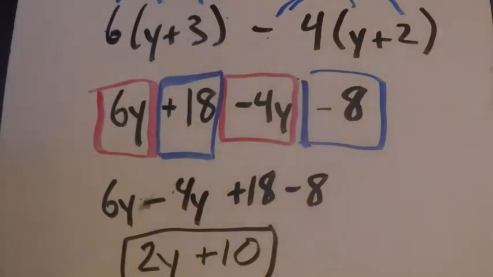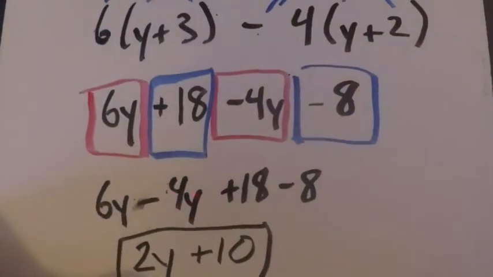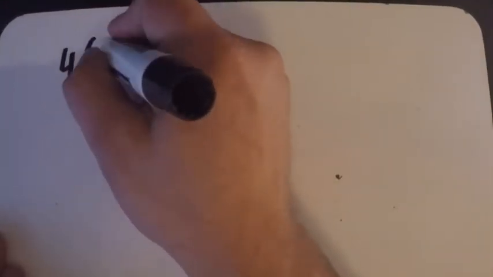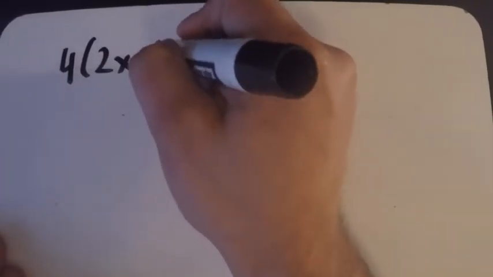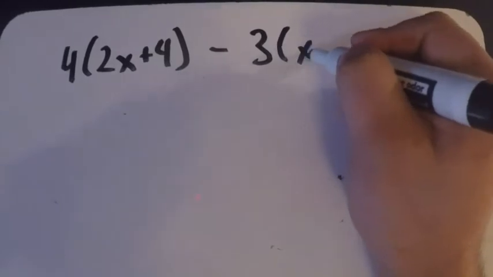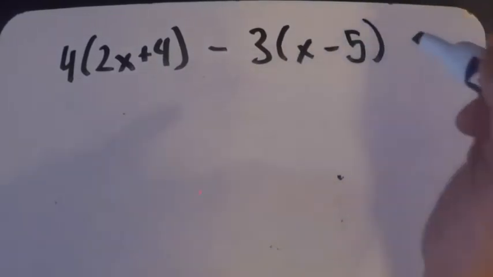The next one they said is, which expression is equivalent to, starting at the top here, 4(2x + 4) - 3(x - 5).